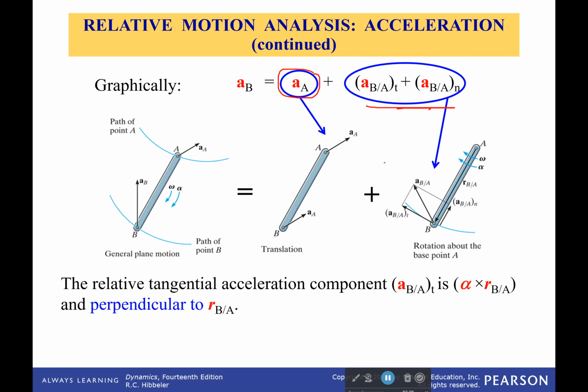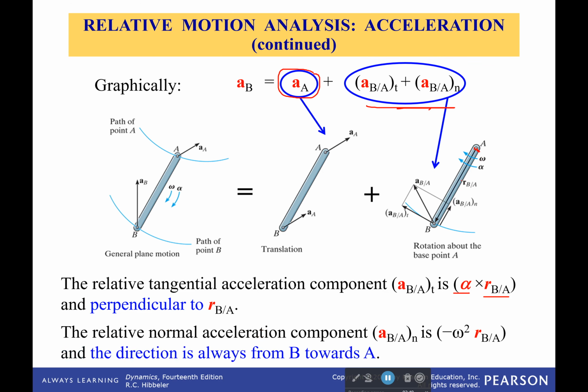The first thing we can realize is that that tangential component is simply going to be my angular acceleration crossed with my position vector from the point it's rotating around. The relative normal acceleration is going to be equal to my angular velocity squared times my position vector. If you're wondering why it's negative, it's because normal is always pointing out and this one is pointing in.